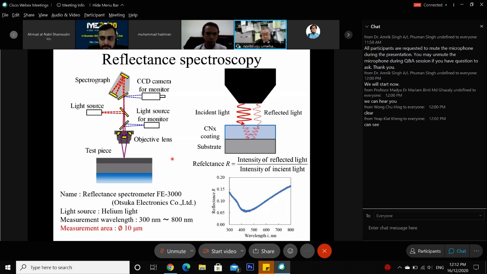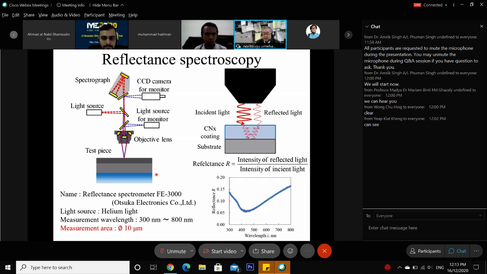Because the reflectance includes the optical properties of the topmost layer. So if there is a new coating material, the reflectance spectrum has some information, not only about the topmost layer, but also the substrate.